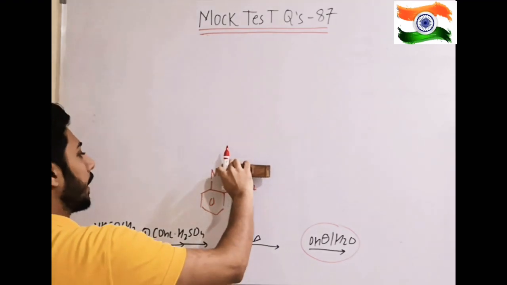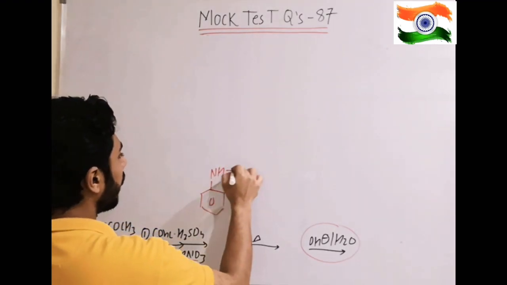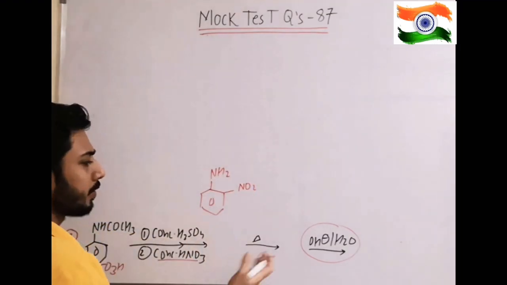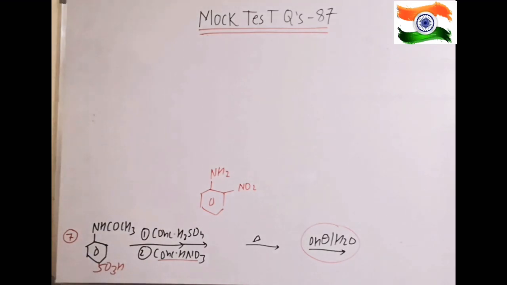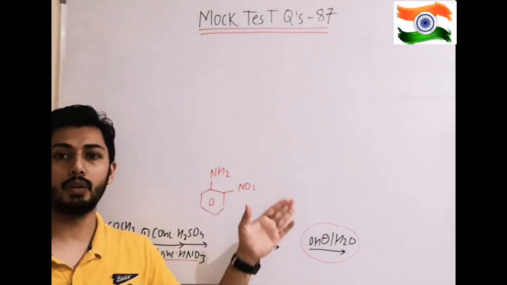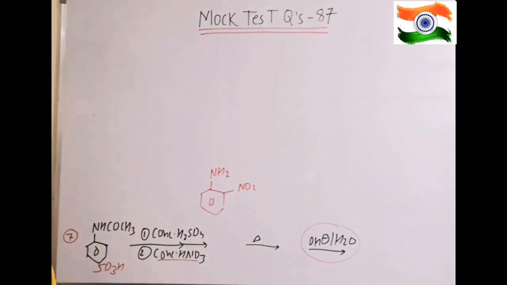The NHCOCH3 group undergoes hydrolysis to finally give back the amine, that is, aniline is formed. It is just like the Schotten-Baumann reaction: when NHCOCH3 acetanilide is formed, then after hydrolysis it gives back the original NH2 group, that is the final product.